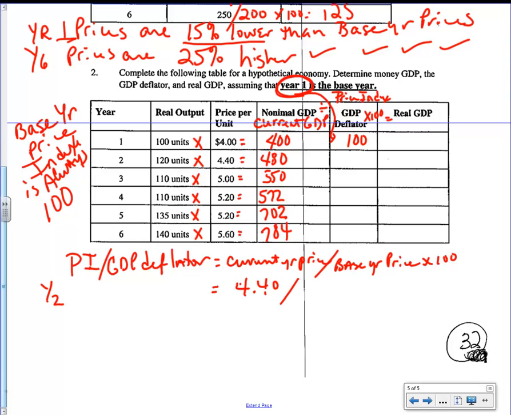Base year is always $4. Multiply through by 100, and that will give us a price index of 110. Year 3, we have $5 over $4 times 100, and that will give us a price index of 125.